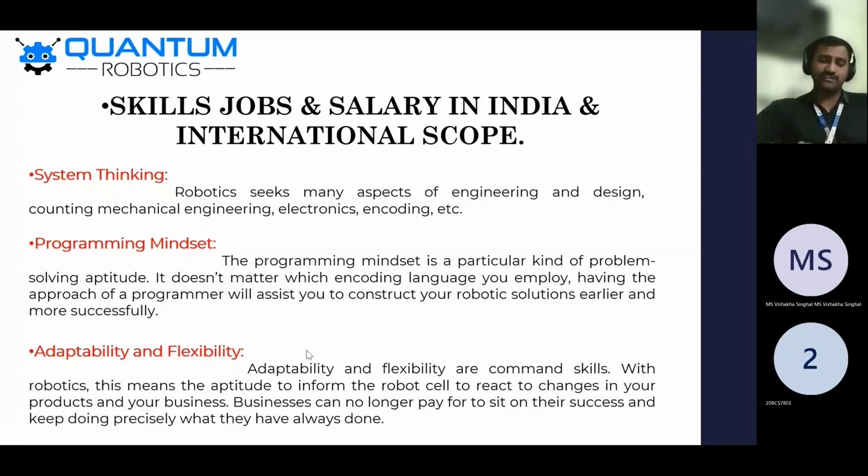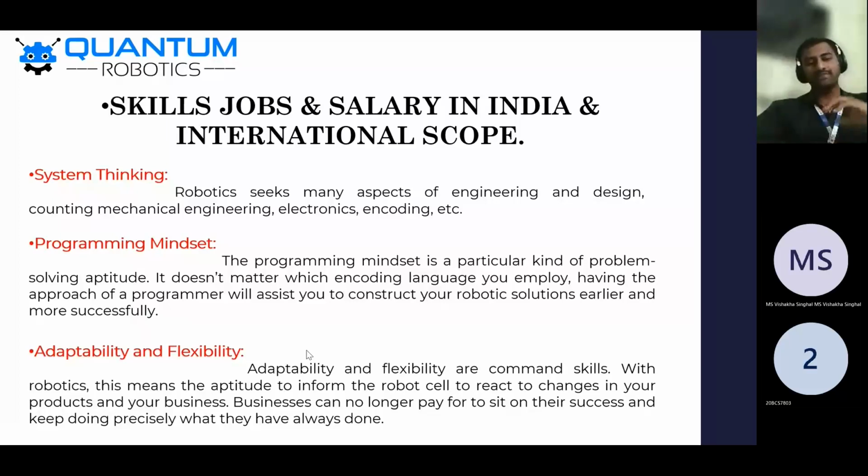Adaptability and flexibility means, the best example is user-friendly robots. Whatever work is done by a human, similar work can be done by the robot. These robots are mostly used for industry purposes, like in packaging industries.